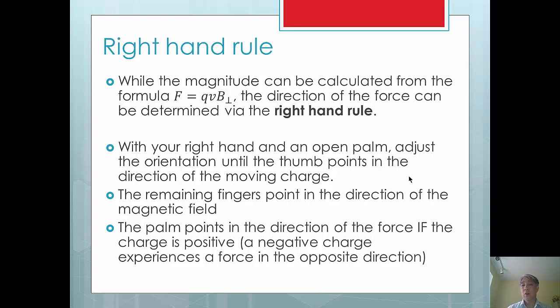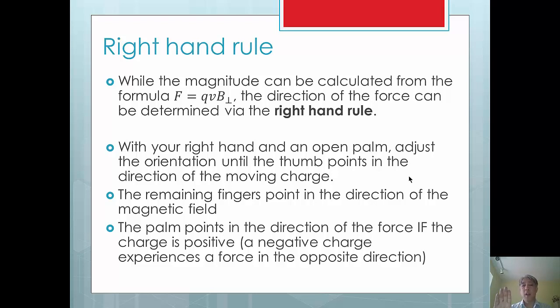B is represented by the fingers because there are multiple arrows representing the magnetic field and you have multiple fingers. Alternately, if you know American Sign Language, B is this symbol where you just have the 4 fingers straight up. And then F is where your palm points.